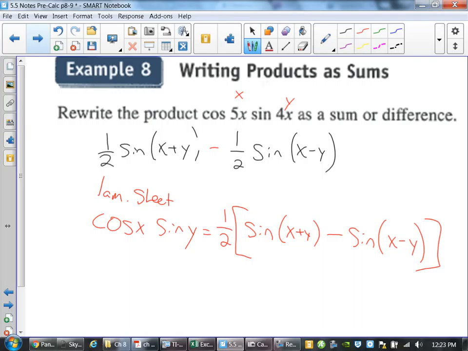It's not on the laminate sheet, so this is the one for when it goes cosine sine. We have on the sheet sine sine, cosine cosine, and then sine cosine. But there isn't a cosine sine on it. I found that very odd. Oh well.